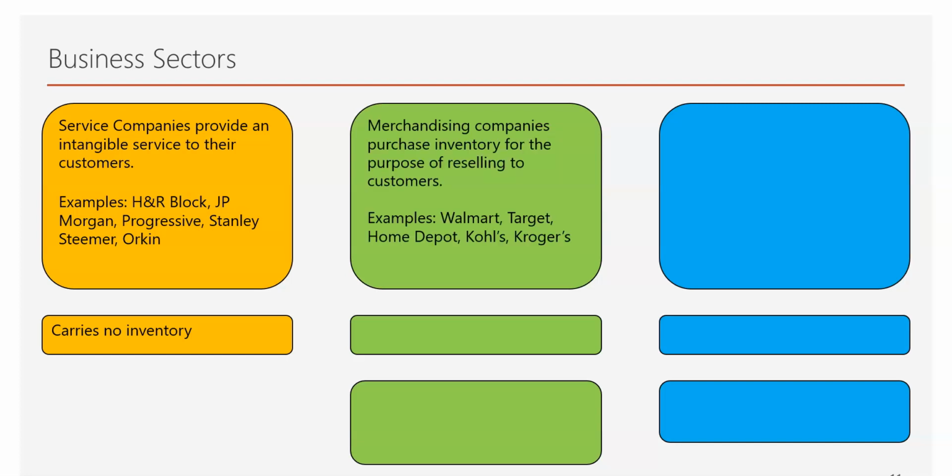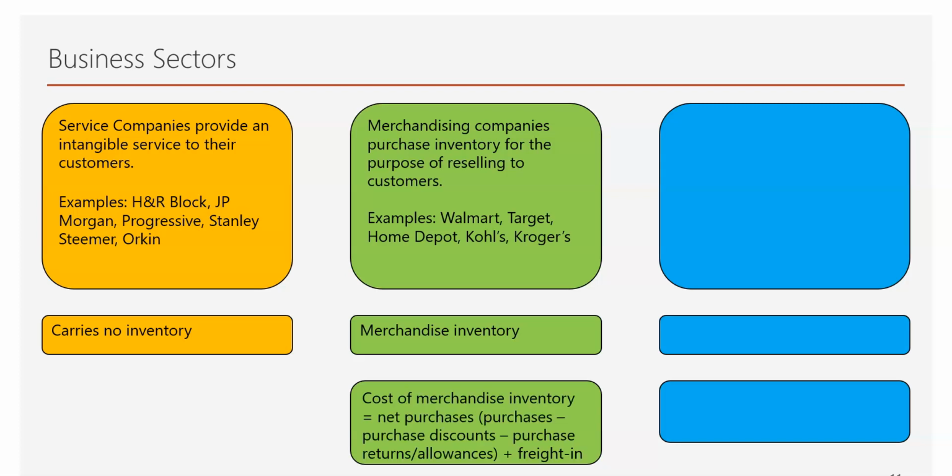What about merchandising companies? Well, merchandising companies will purchase inventory for the purpose of reselling to customers. Some examples of merchandising companies like Walmart, Target, Home Depot, Kohl's, Kroger, and the like. So anybody that buys inventory with the purpose of reselling to customers is going to be considered a merchandiser. And they do carry inventory in the balance sheet, and we'll typically call that merchandise inventory.